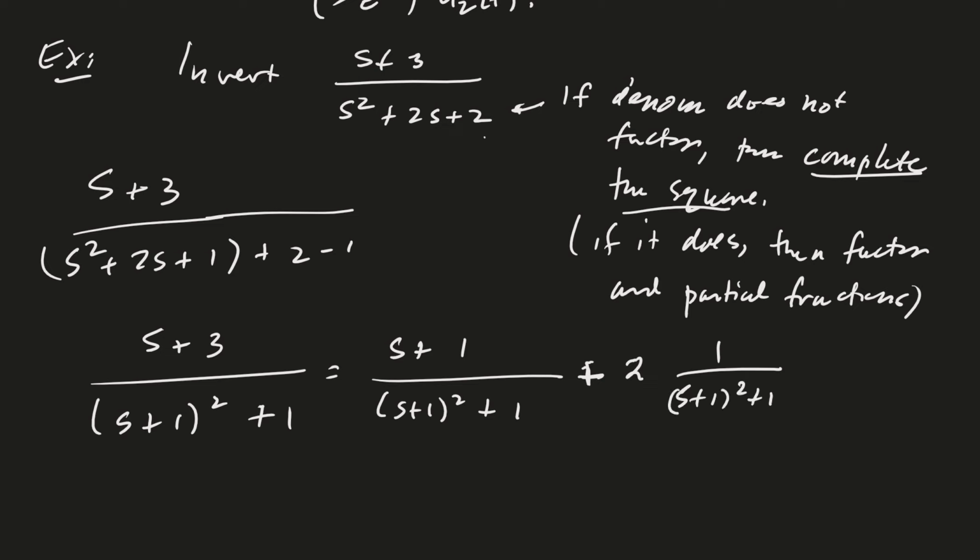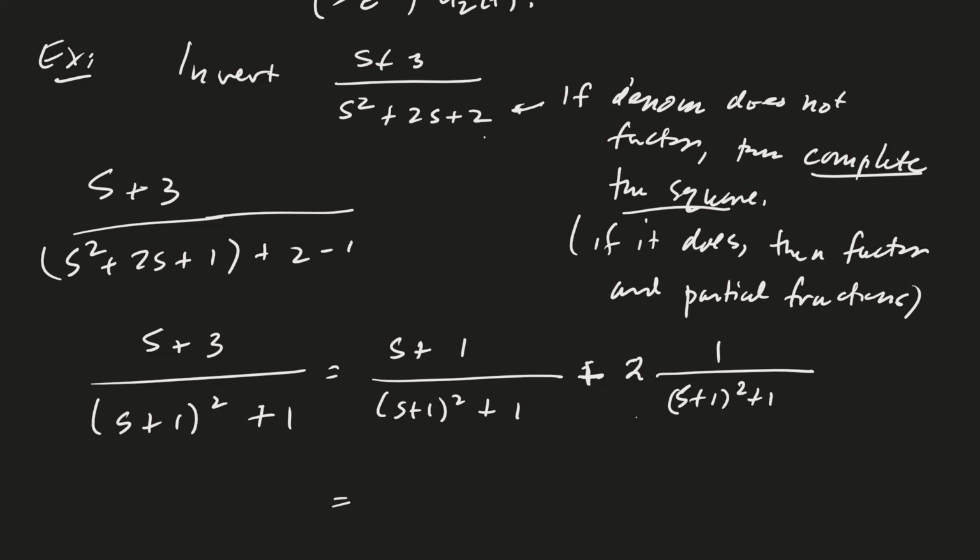Now, if this had not been a 1, if this had been like a 3/4 or something, and I needed a square root of 3 over 2 here, then I would multiply and divide by that number. In this case, I didn't need to because it was a 1, but in general, that's what you would need to do. Good. And now this is ready to invert.